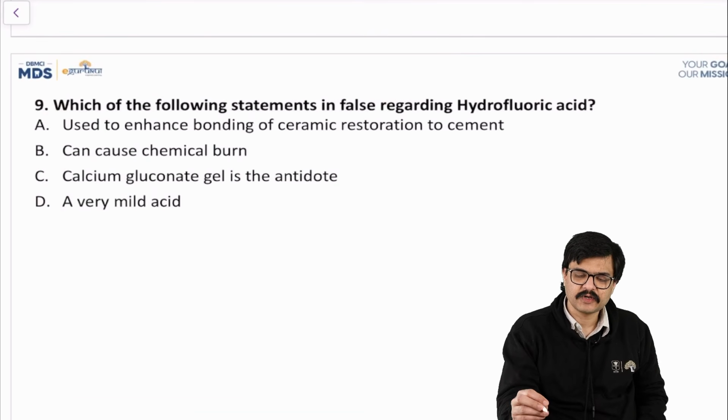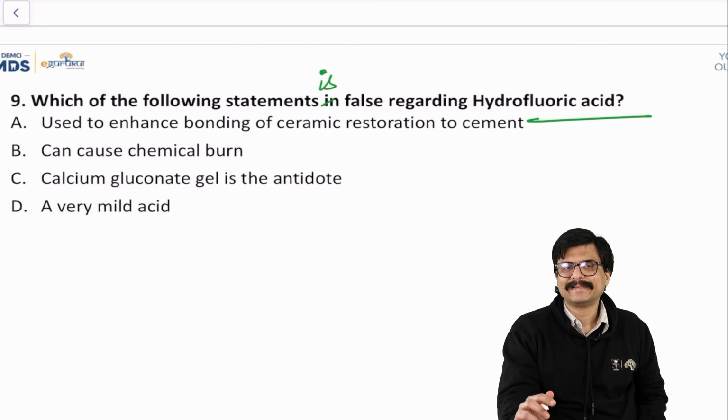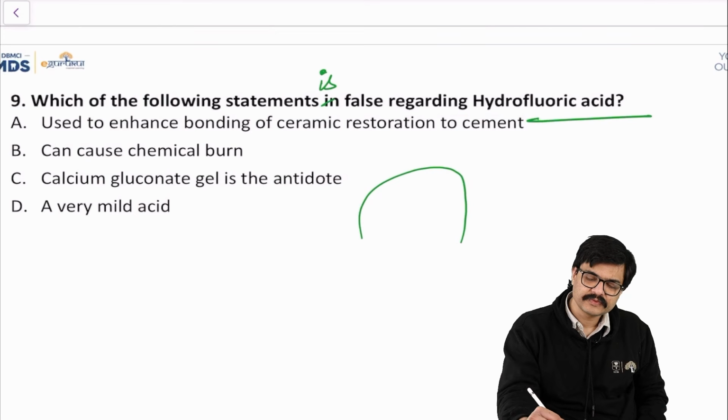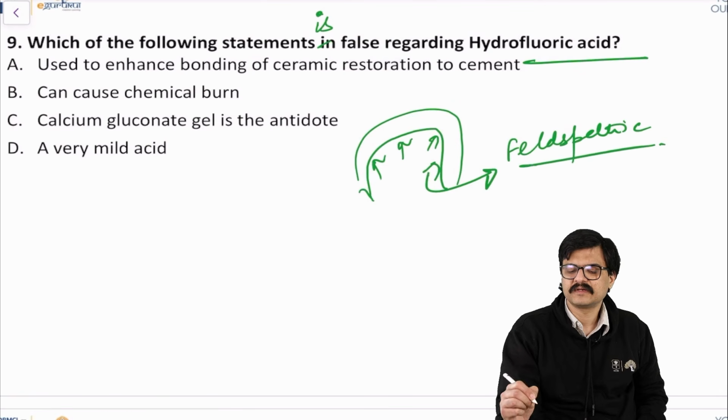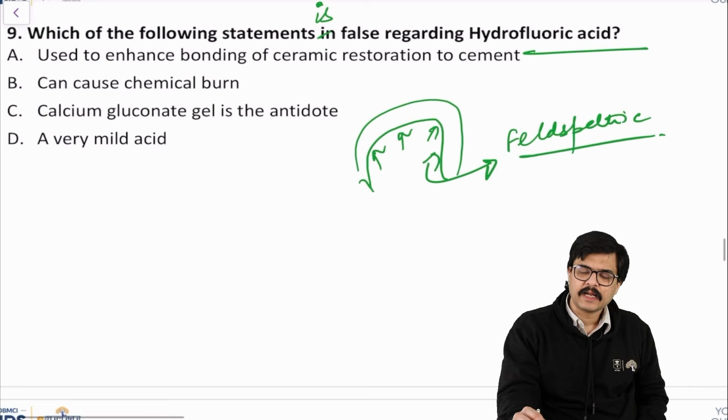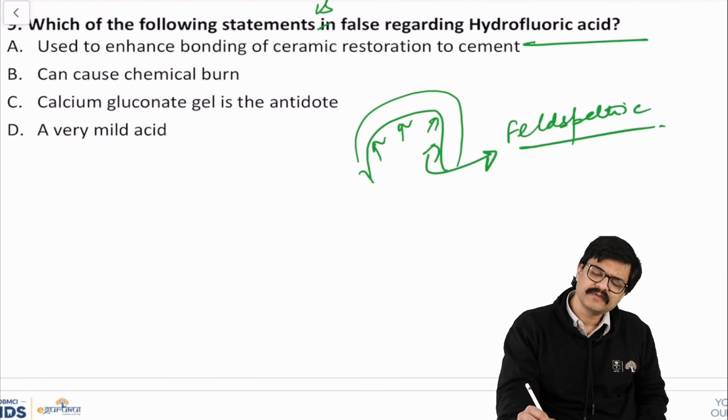Okay, guys, next question. Which of the following statements is false regarding HF? Again, this question is from HF. Primarily, the indication of HF is conditioning of your all-ceramic crown, on the tissue surface, the inside surface, and primarily a crown which is feldspathic, formed by hot isostatic pressing, IPS Empress 1, and IPS Empress 2, which is lithium disilicate.